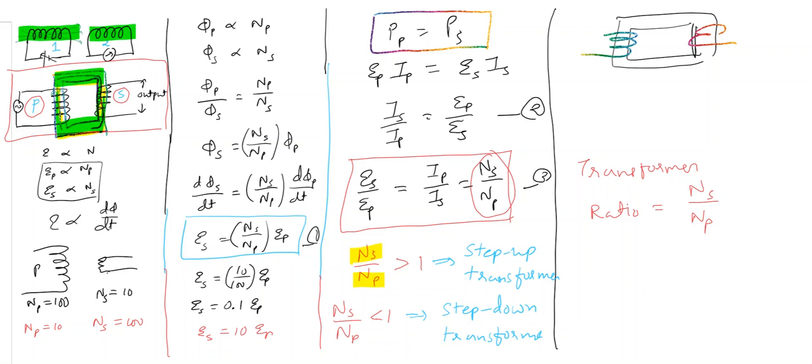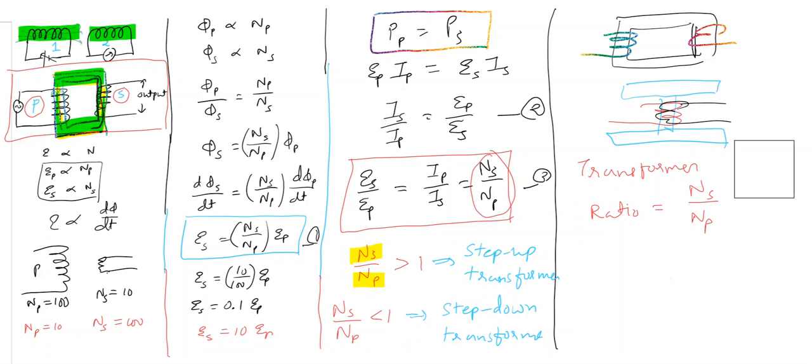Sometimes it is preferred to have a single eye-shaped iron core, and on the eye shape, both the primary as well as the secondary coils are wound, and the wires are insulated so they don't touch each other directly. So that is all about the transformer.